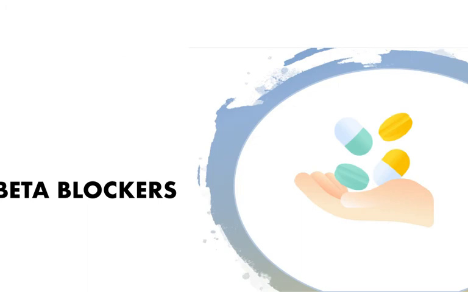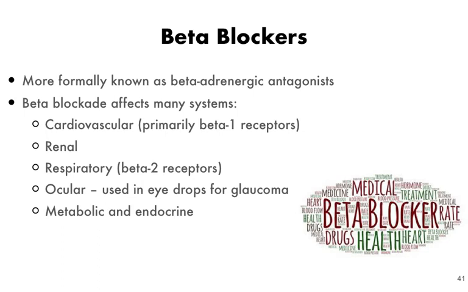Now we move on to that familiar class of drugs known as the beta blockers. If you're really fancy or want to impress somebody, you will call a beta blocker a beta adrenergic antagonist. But for us regular people, we just call them beta blockers. Beta blockers have multiple areas of effectiveness throughout the body.